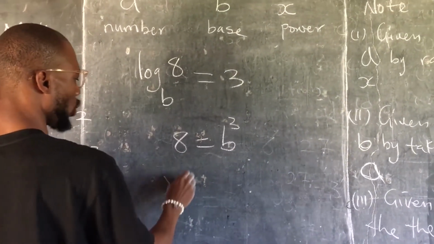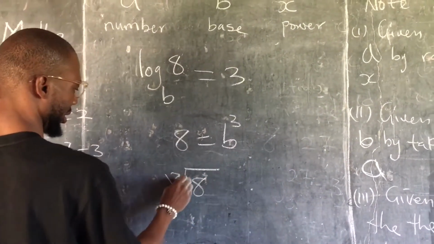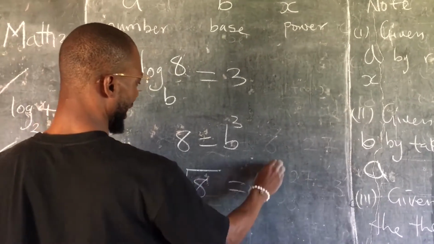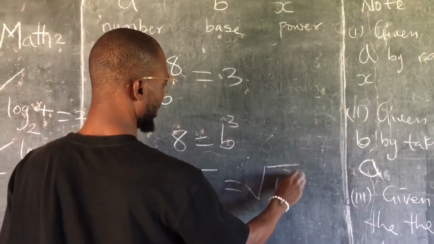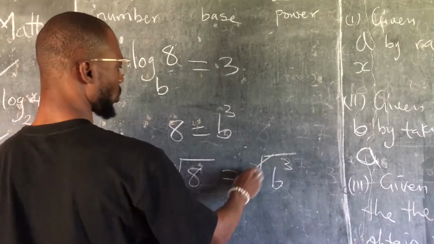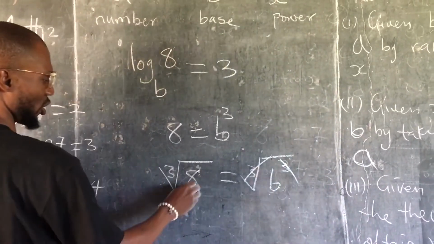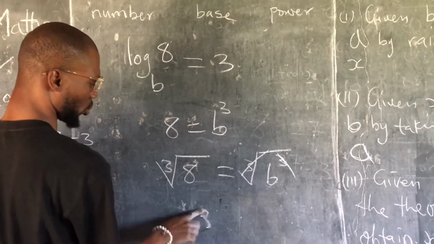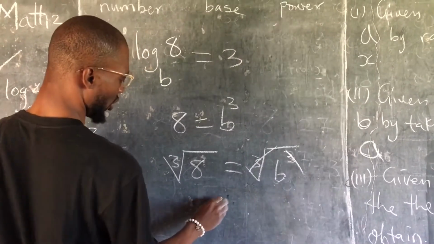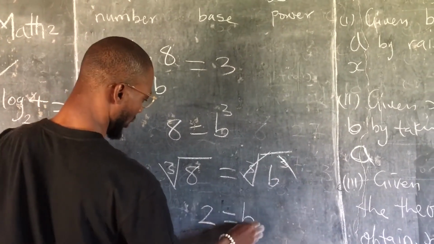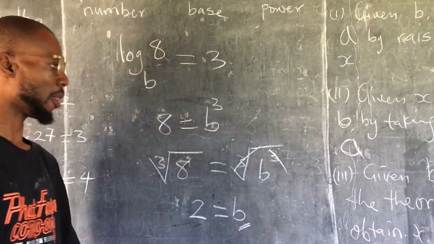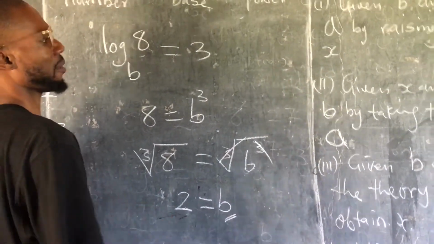If I take the cube root of both sides, the cube root cancels the power, and the cube root of 8 is 2, so I get my b back.